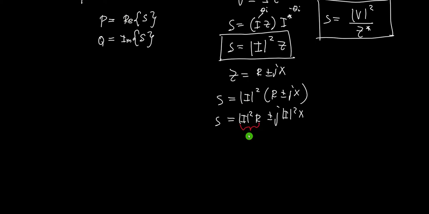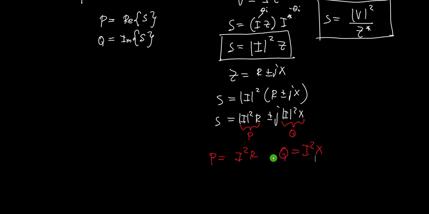This is our real power, and this is our reactive power. So we can conclude that the real power is due to the resistance or resistor, while the reactive power is due to X. So P is just equal to I squared times R. These are all magnitudes, because this is not complex, and Q is I squared times X.